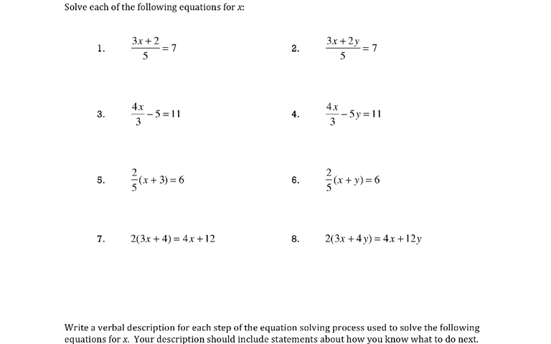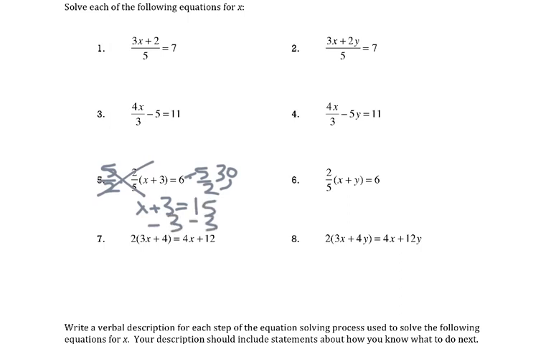On number 5, we've got 2/5 times x plus 3 equals 6. If I want to, I can multiply by 5 and divide by 2, or multiply by the reciprocal, which is the same thing. The 5's cancel, the 2's cancel, x plus 3 equals 5 times 6 is 30, divided by 2 is 15.